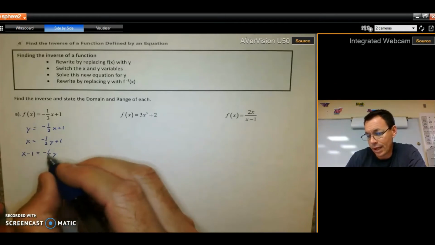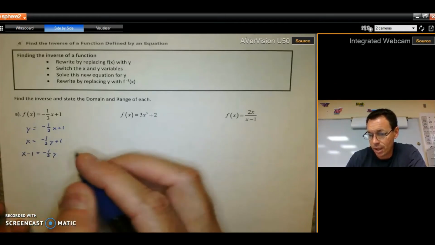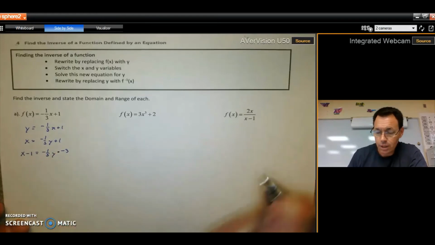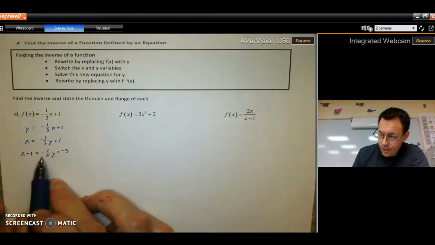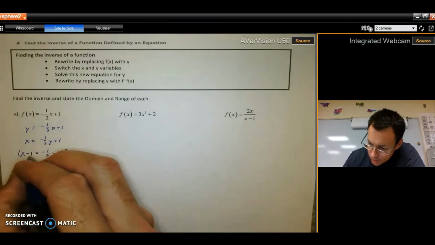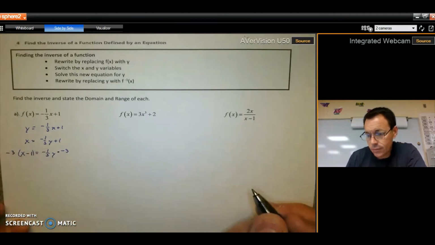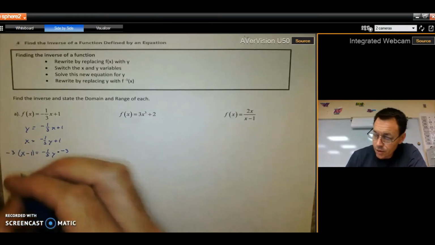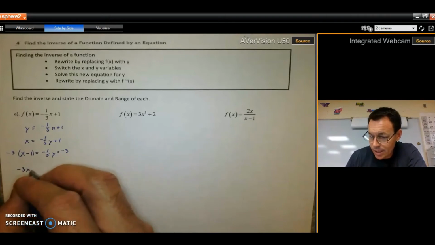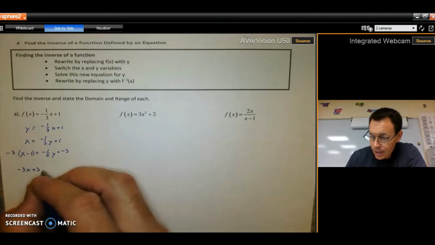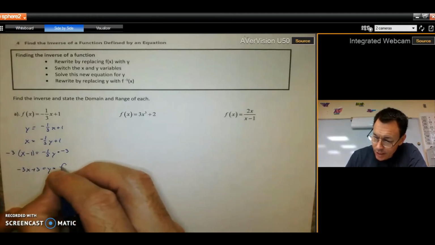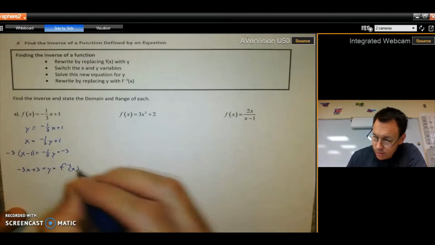So if I multiply both sides of this equation by -3, the negatives will cancel, these two 3's will cancel, and I'll just have the y by itself. But I'll have to do that on this side as well. You could leave it like this, or you could distribute. That'd probably be the better way to do it. So -3x plus 3 equals y, which is our inverse function.